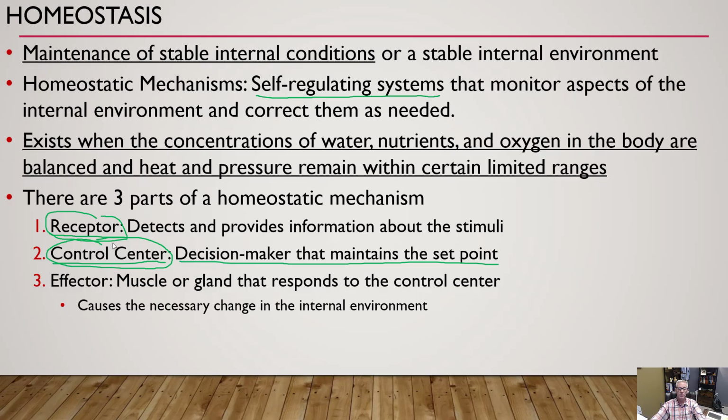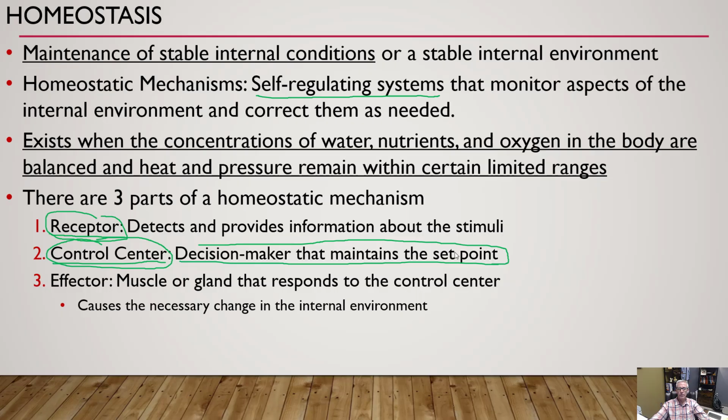Now, let's say that our blood glucose eventually falls out of range. Let's say that it's now way too high. Our decision maker, our hypothalamus, is going to decide that, yep, our blood glucose level is too high. We need to do something about it.